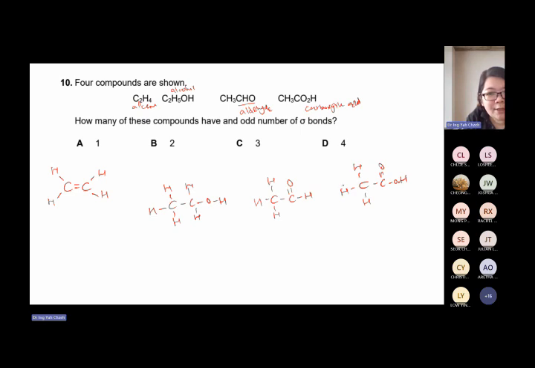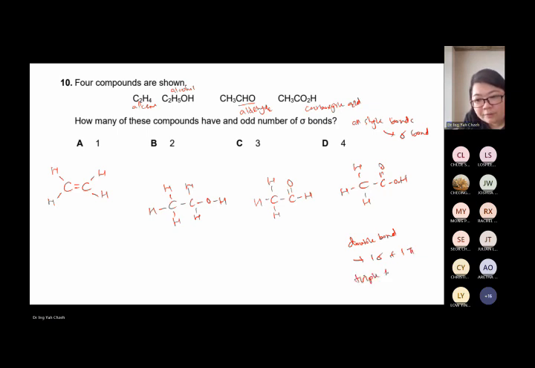So we are supposed to look at the number of sigma bonds. All single bonds are sigma bonds. A double bond is 1 sigma bond plus 1 pi bond.